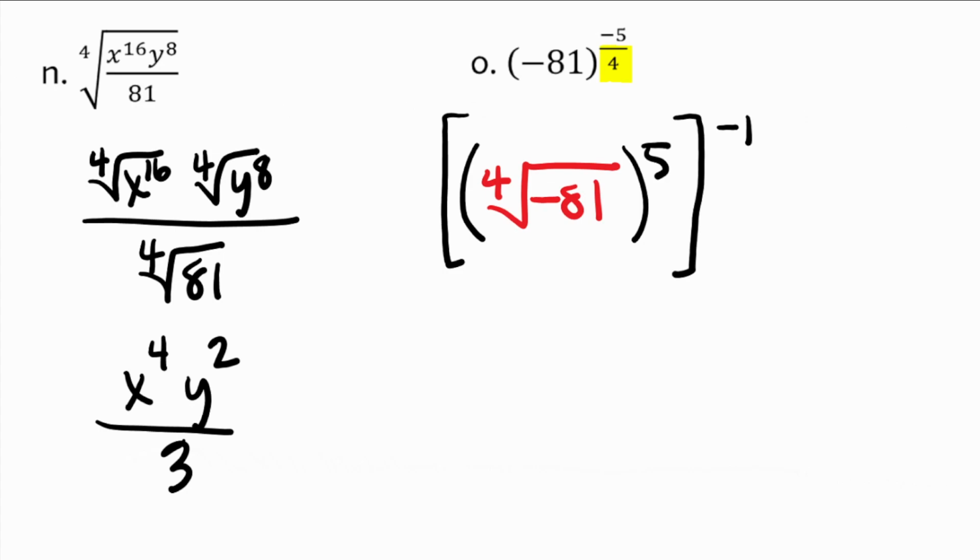Let me think about this for a second. Yeah, pardon me. We're not going to be able to go any farther with this because the fourth root of negative 81 just requires a little bit more than we have in the realm of imaginary numbers.